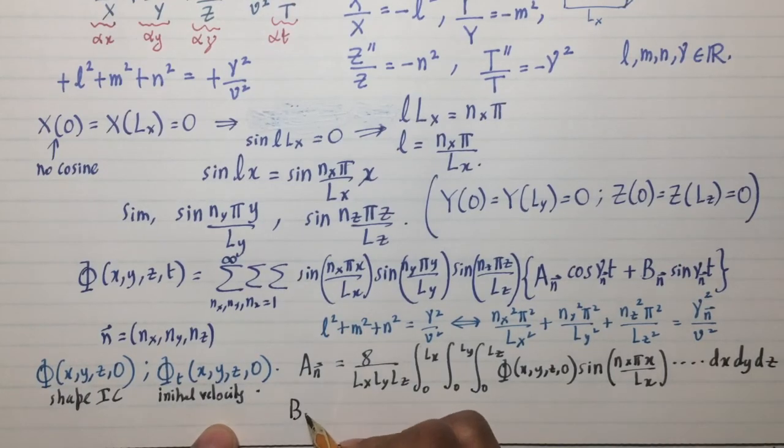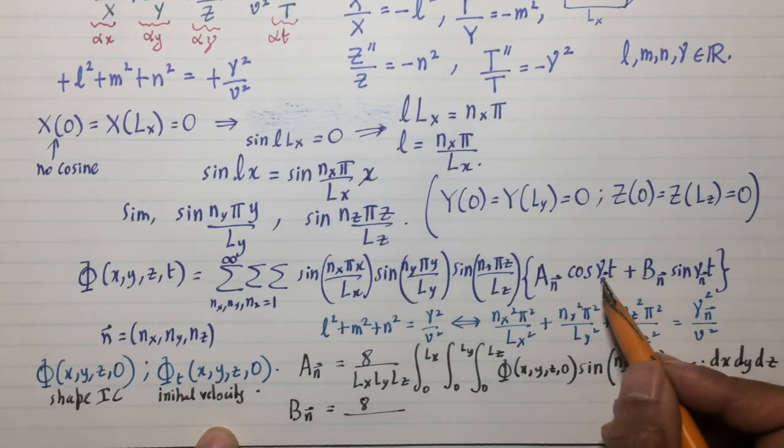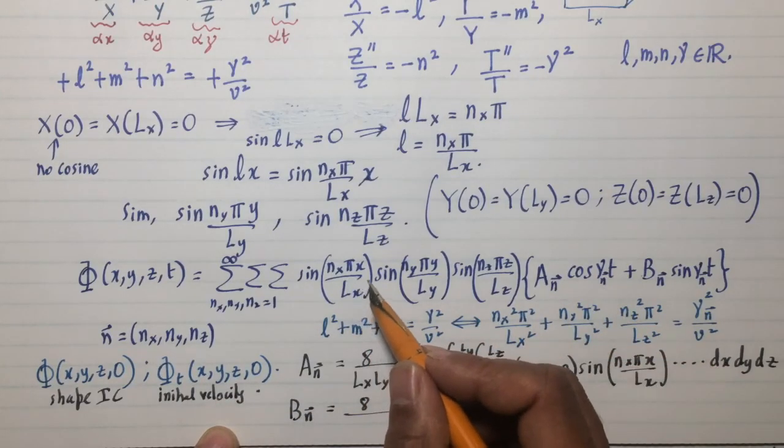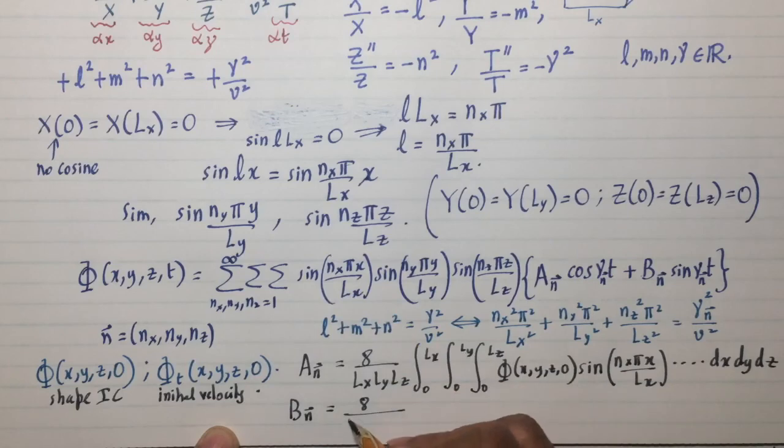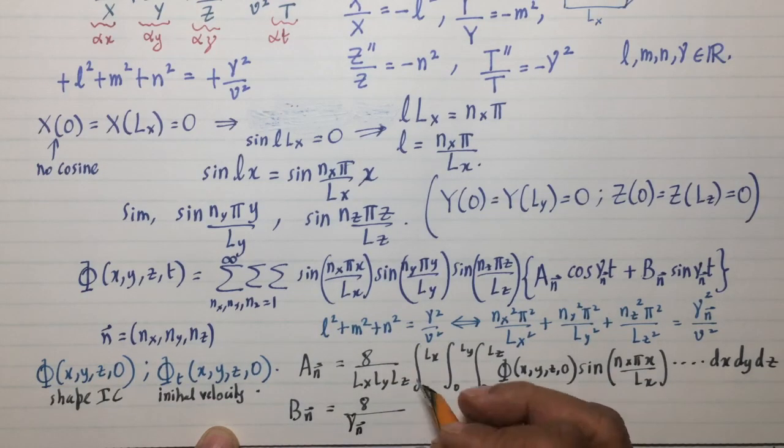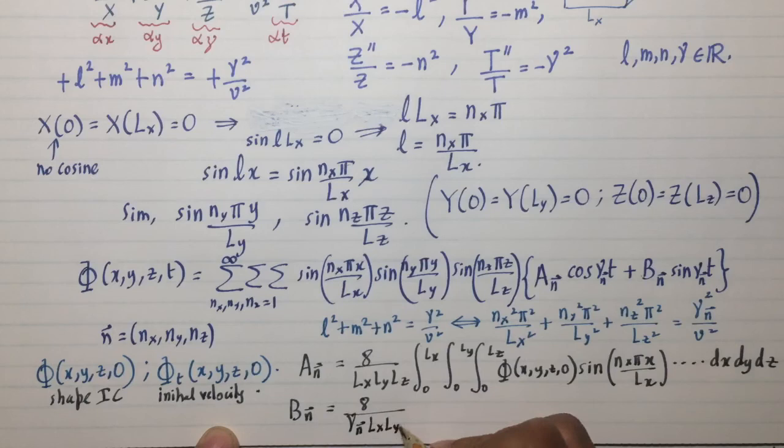And the b_n's, to satisfy the b_n's, you'll have the same thing, except you'll take the first derivative. When you take the derivative, you're going to pull a gamma out. That gamma will end up in the denominator along with these things. So I'll call that gamma n, lx, ly, lz.